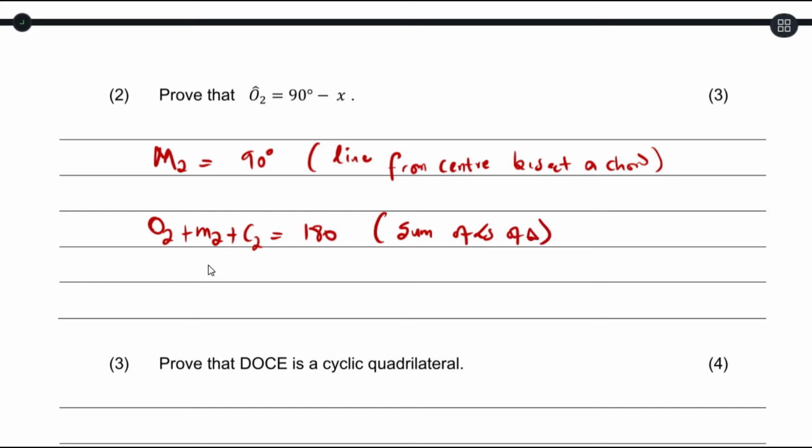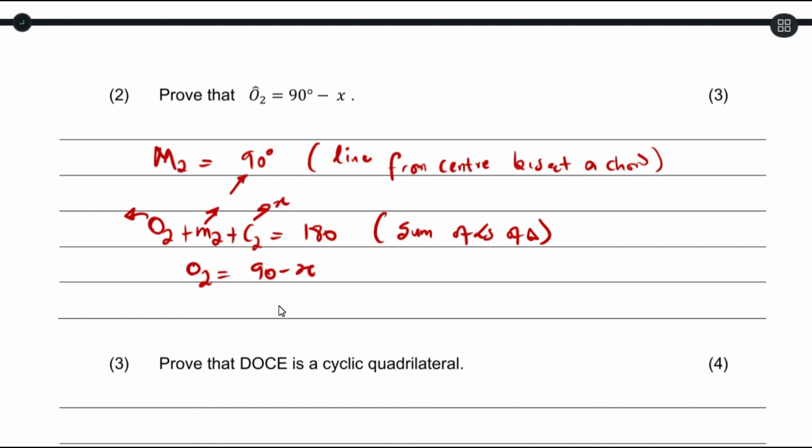So therefore, our O2 will just be 90 minus X, because obviously this is what we're trying to get. This one here is 90, like you see, and this one here is X. So using simple simplification, O2 will finally give you 90 minus X.